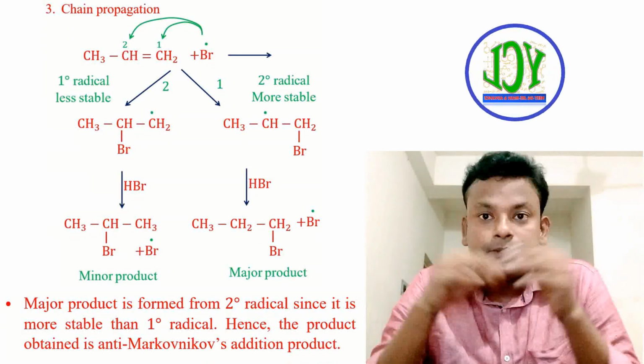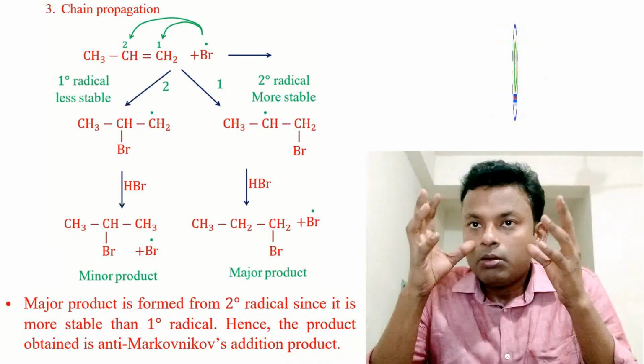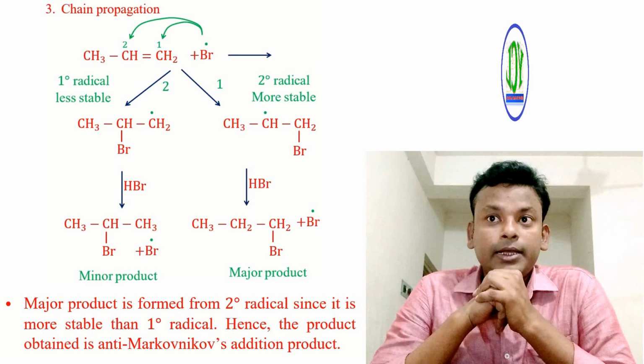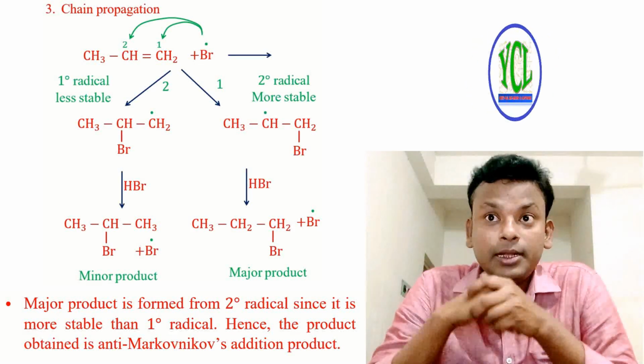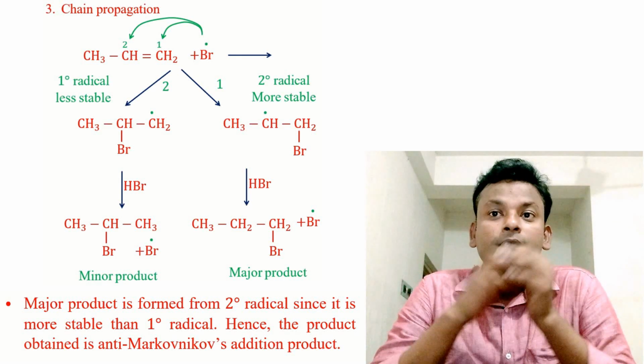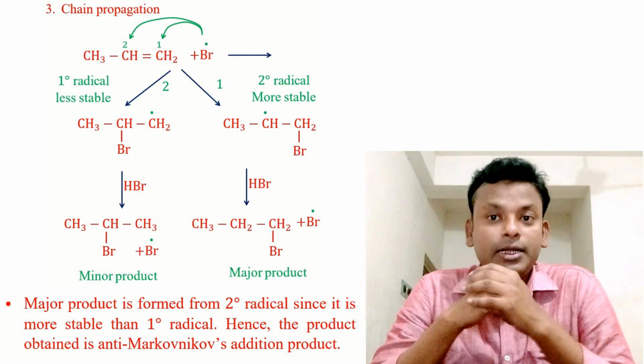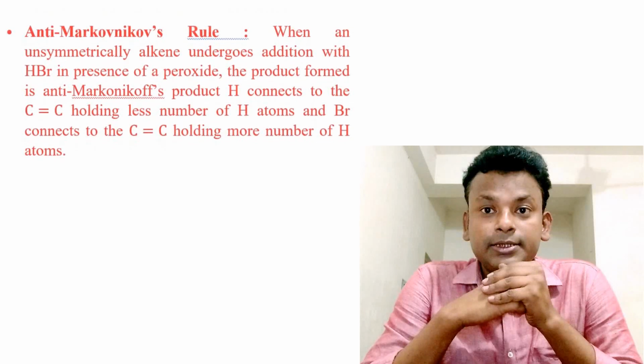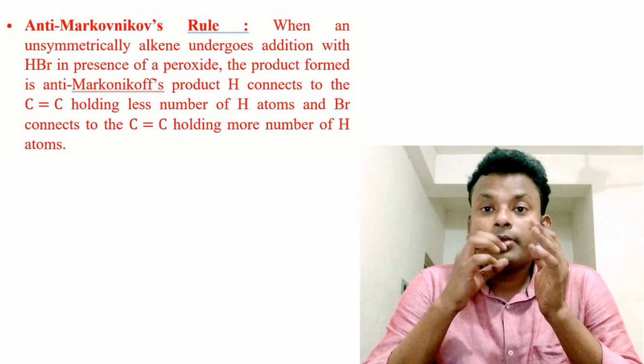Major product is formed from the 2-degree radical since it is more stable than the 1-degree radical. Hence, the product obtained is the anti-Markovnikov addition product. What is the anti-Markovnikov rule?